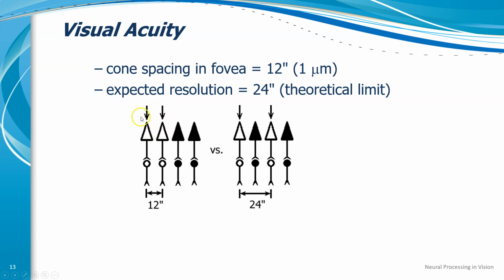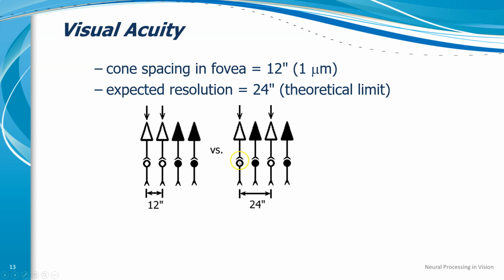Okay, let's take the same patch of retina, move it over here, and now we've got, again, 2 beams of light, but they're a little bit more spaced apart. So we have this left beam hitting this cone, causes this neuron to be active, and then we've got a bit of space. So this cone is not activated, and then this cone is. Now we can experience, potentially, 2 separate beams of light.